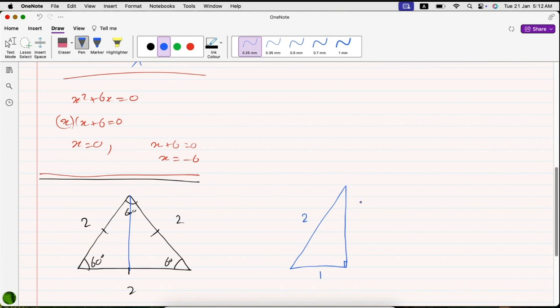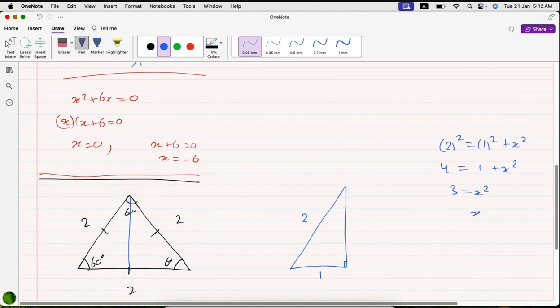This is 2. To solve the third side, hypotenuse square is equals to 1 square plus unknown square. 4 is equals to 1 plus x square. 3 is equals to x square. x is equals to square root 3. Now we can just memorize this triangle. We don't need to solve it again and again in any question.